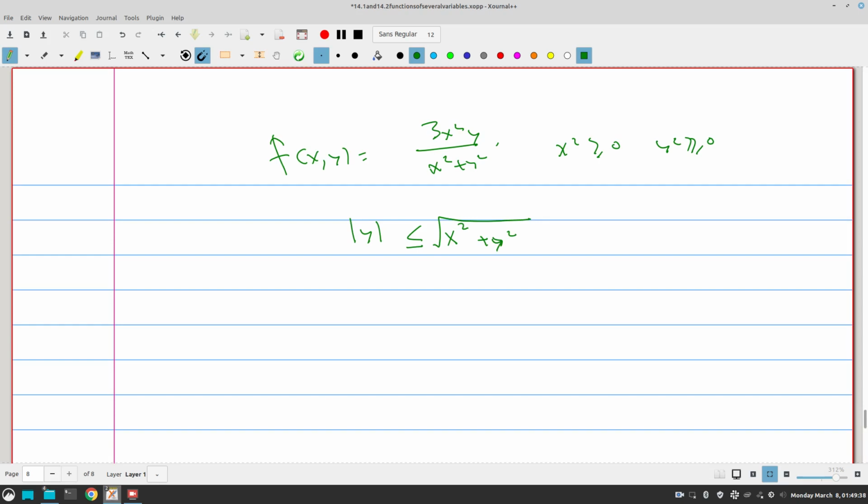It also tells me that the modulus of x squared is less than or equal to x squared plus y squared.